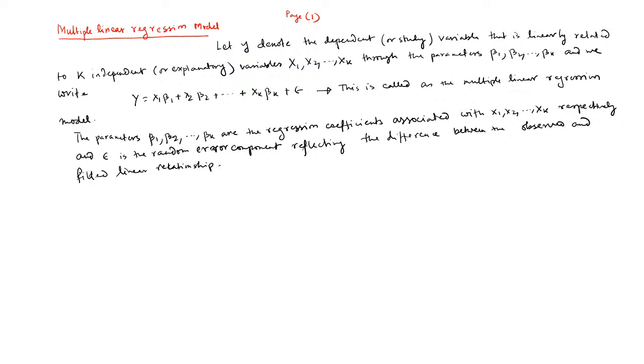Consider an example. The income and education of a person are related.